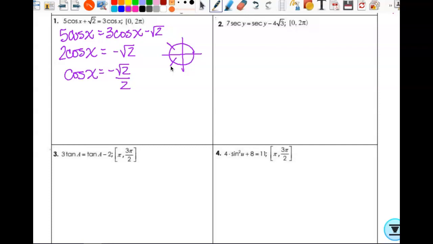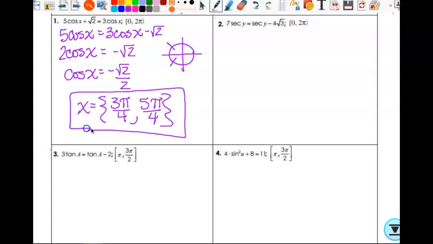Okay, so now I got pi fourths in my head, but I need my second quadrant pi fourths angle, which is what? 3 pi fourths. And then my third quadrant pi fourths angle, which is 5 pi fourths. You see how that works? We're just going to base everything around that reference angle and then figure out what we need in what quadrant, okay?